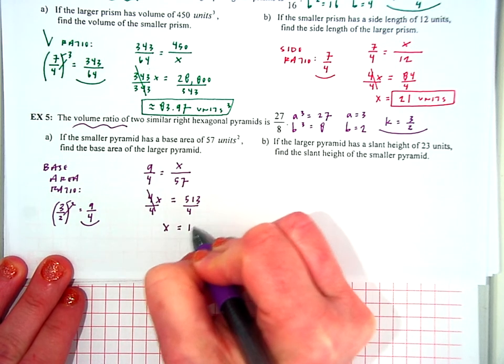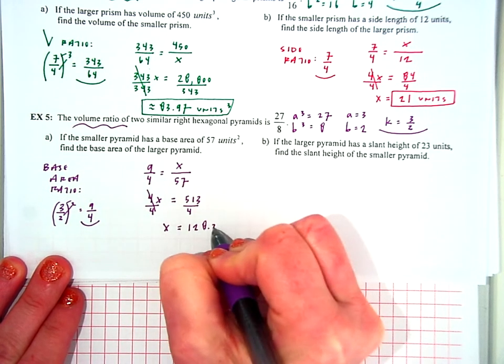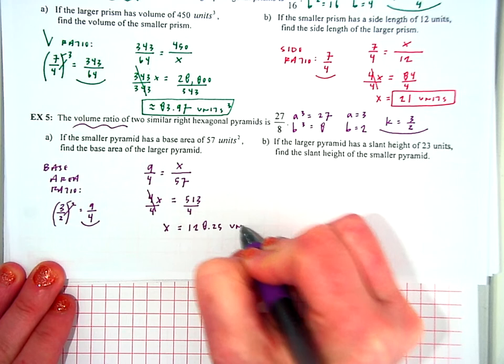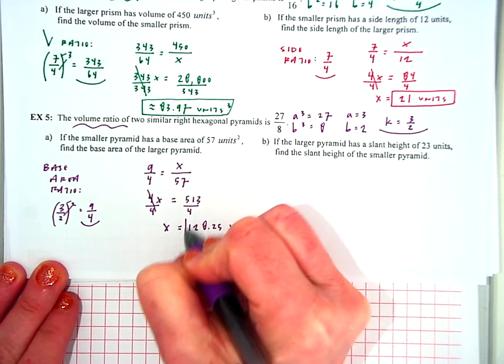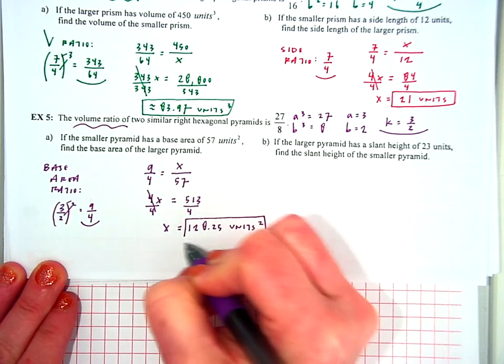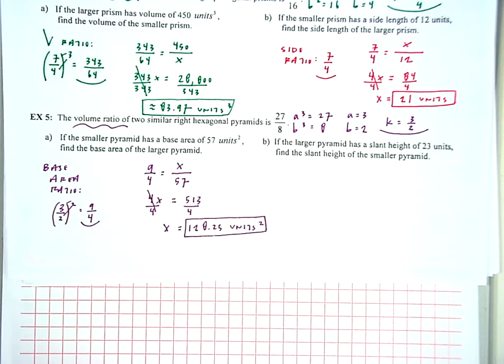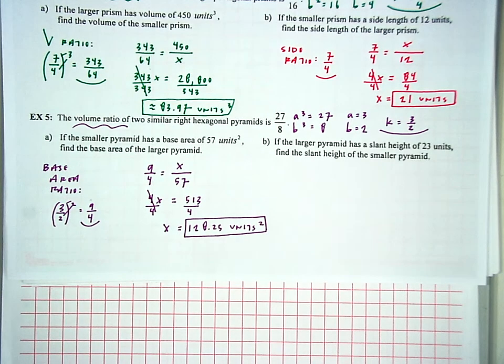So cross multiply. 4x equals 9 times 57, so 513, and then divide each side by 4. So x is going to be equal to 128.25 units squared.